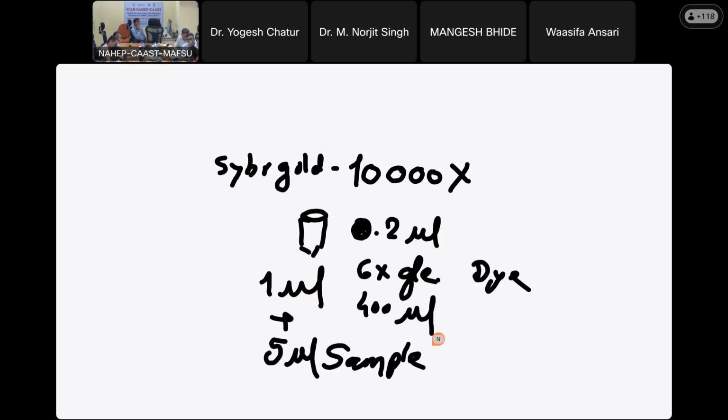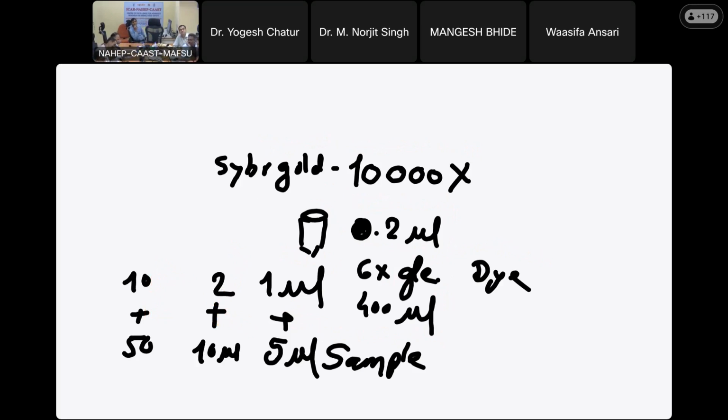I mix on parafilm. My students first put a spot of 2 microliters and 10 microliters of sample, or 10 microliters plus 50 microliters of sample, the same 1:5. You mix well and load in the well.